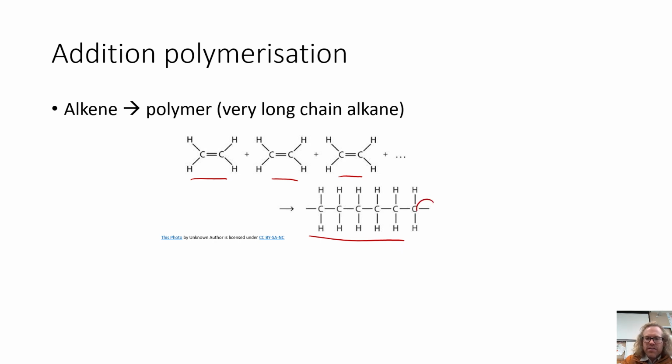And you can see how on the sides we've got these lines there, because they show that it's bigger than what we're showing. We're just showing a small section of it. So you need to be able to go forwards from an alkene through to the polymer, and also identify what the alkene was that made that polymer.